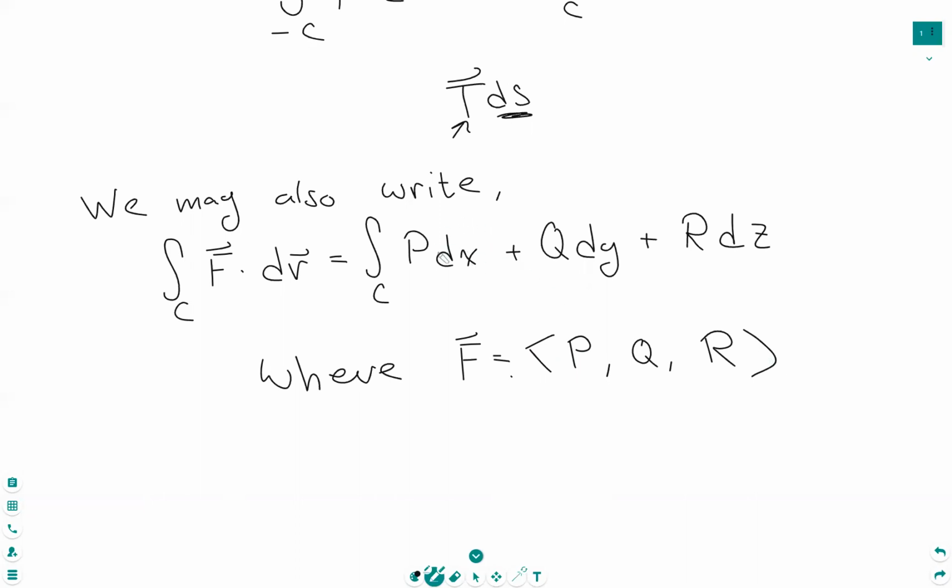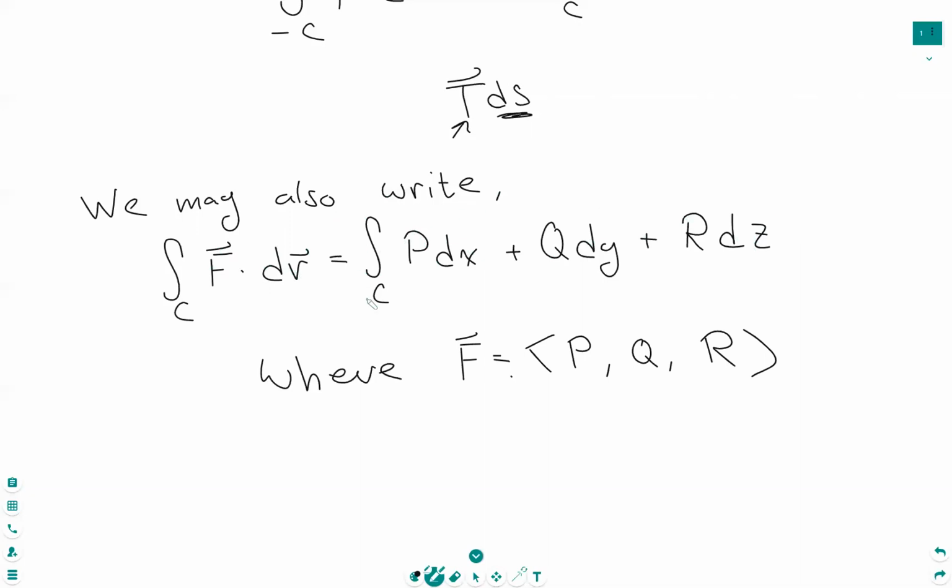Right, and this goes back to taking integrals with respect to x and y, and then we've also thrown in a z component here, if this is in R3. And this makes sense, because this is a dot product. You can think of dr as having this dx, dy, dz component, and then we have f being dotted with it. This is another way of writing this line integral.